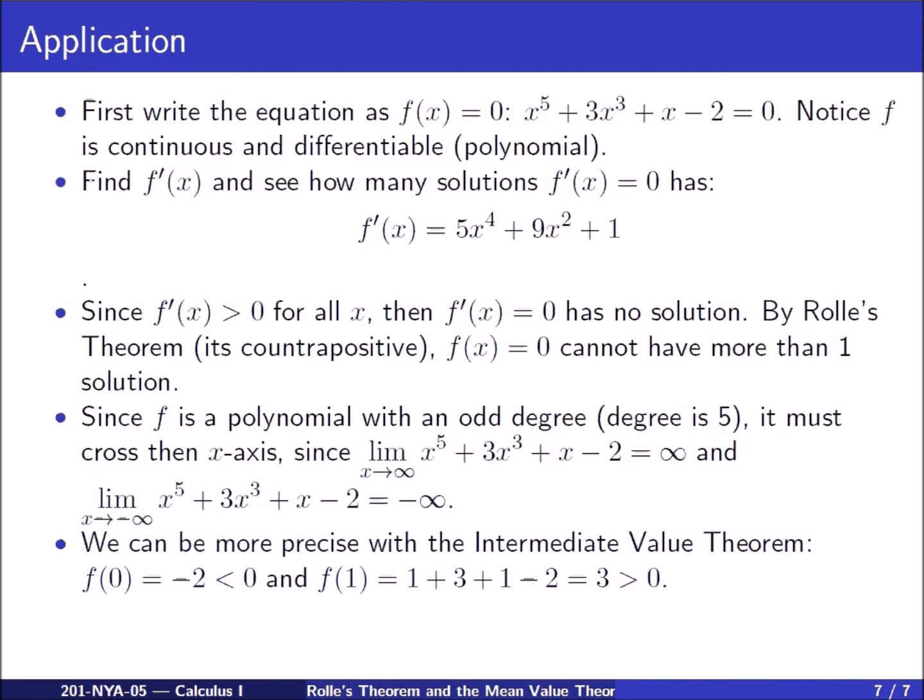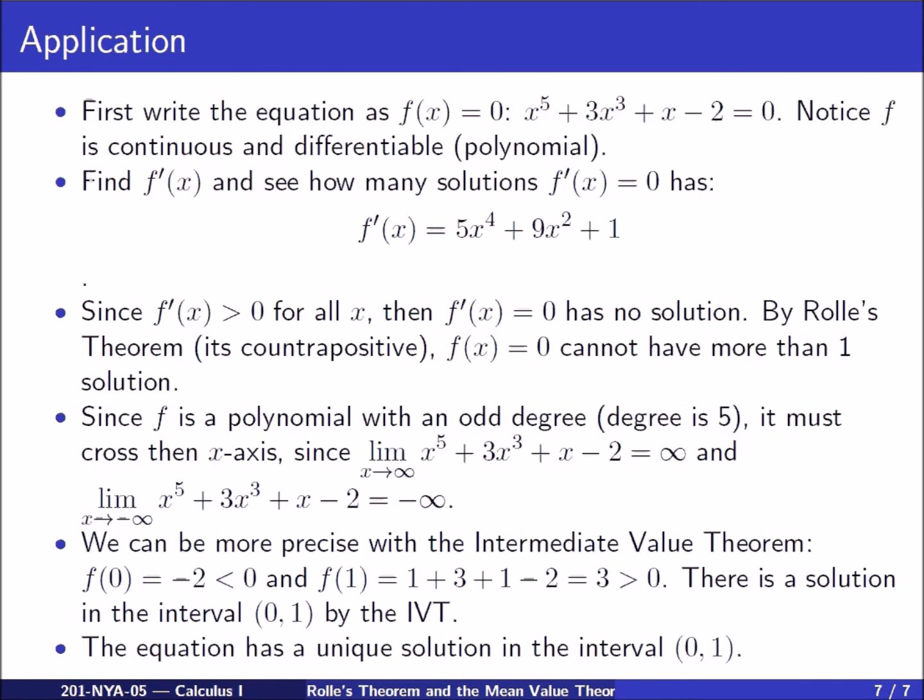If we look at f of 1, for example, it's equal to 3 and it's positive. So between 0 and 1, there is definitely a root, or a solution, to f of x equals 0. Overall, we know that there's a solution and there's at most one solution. So finally, we can say that the equation has a unique solution and it's in the interval 0, 1.